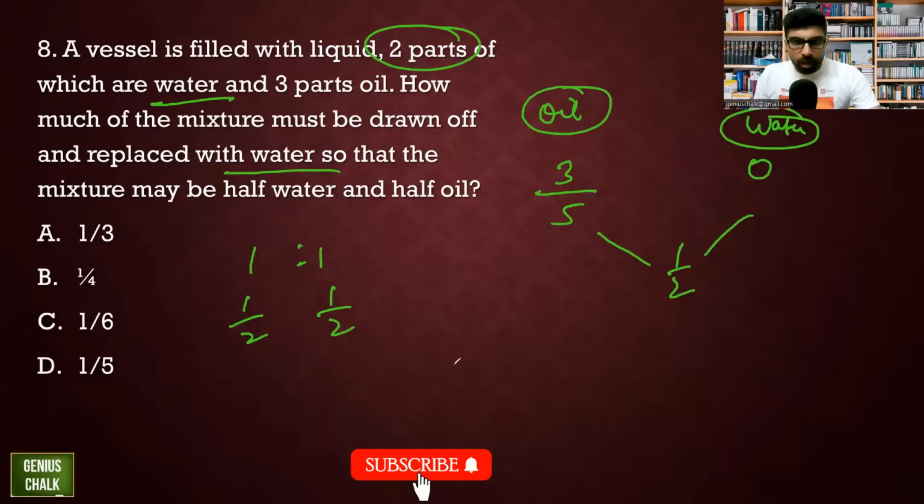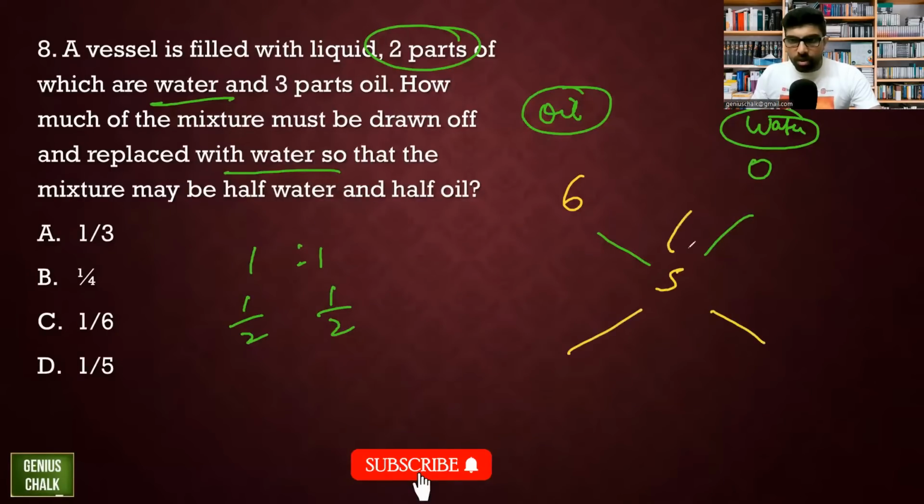To make it simple, take the LCM of the denominators. 5 and 2, LCM is 10. So this is 6, this is 0, and this is 5.